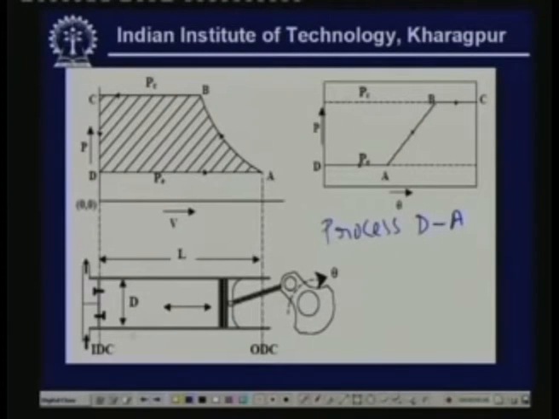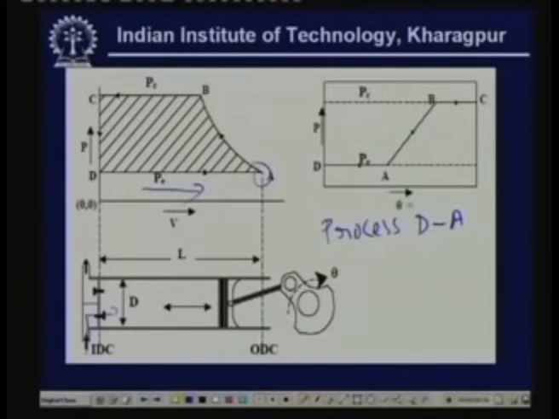Once the piston starts moving, the pressure inside falls below the suction pressure. As a result, refrigerant vapor enters through the suction valve into the compressor. This process continues as the piston continues to move from inner dead center to outer dead center, that means from D to A.